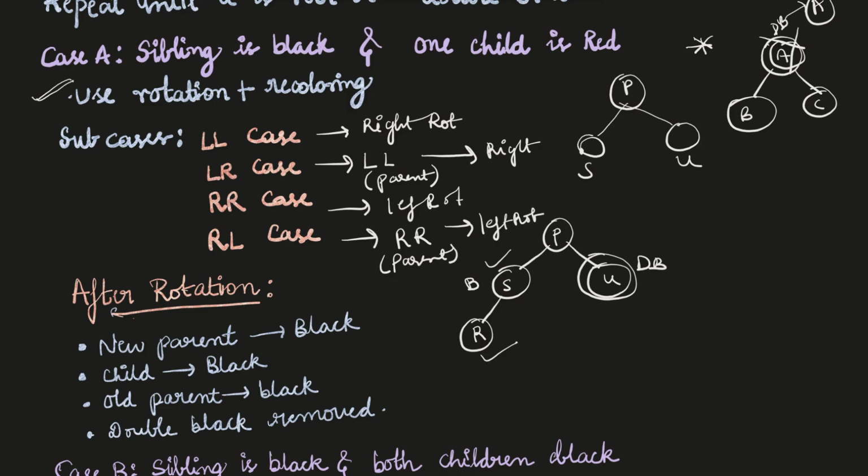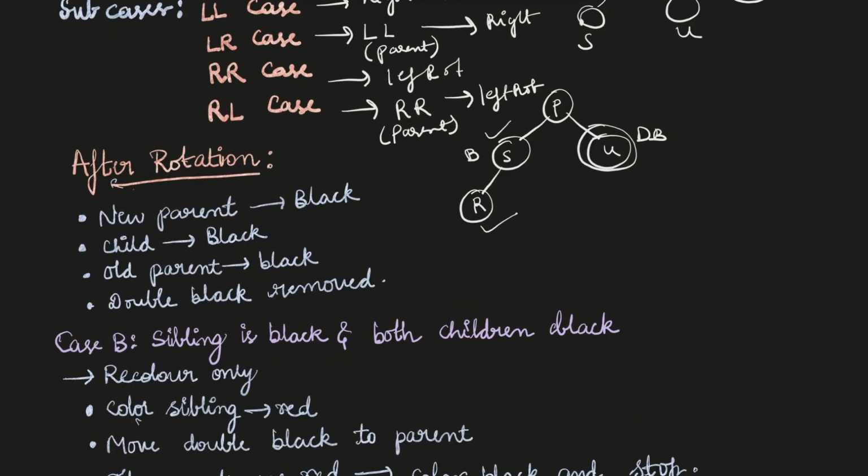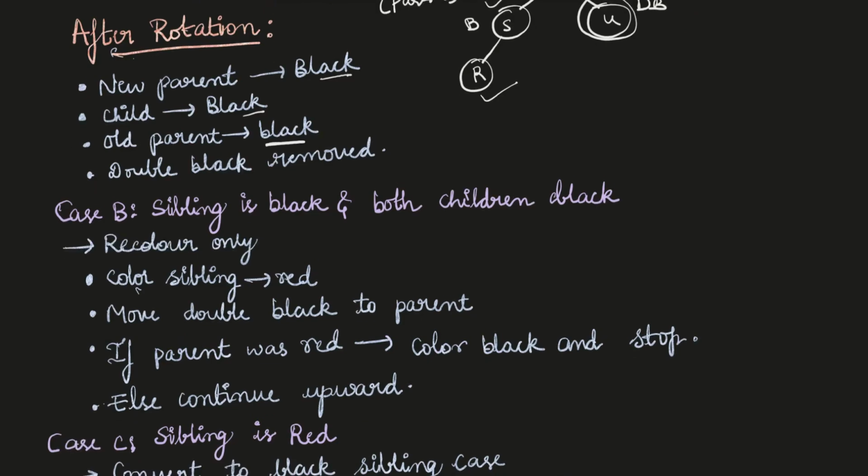Okay, so after rotation, to recolor them, these are the rules to recolor them: the new parent will get black color and the child also becomes black and the old parent also becomes black, and the double black gets removed. Let me show this to you in an example which would give you a better clarity of problems. Okay.